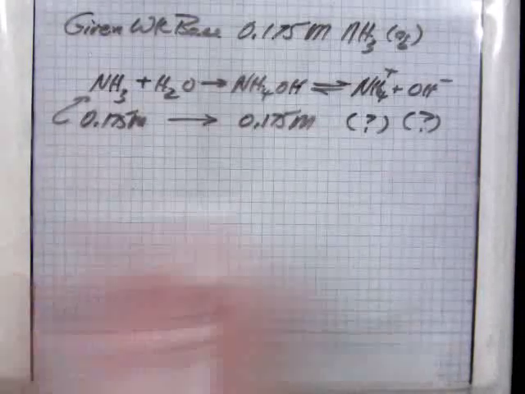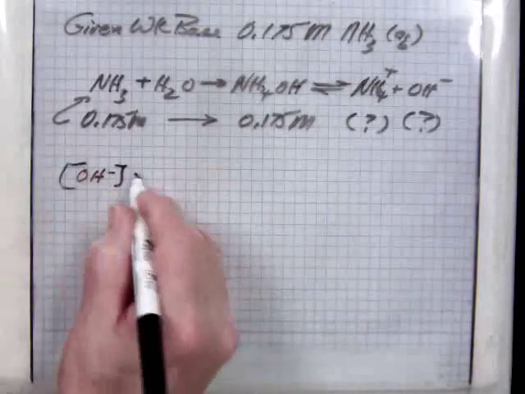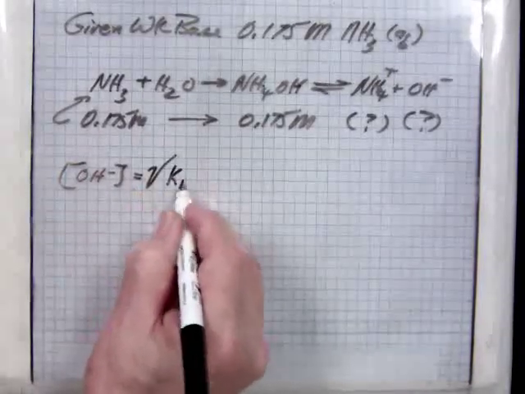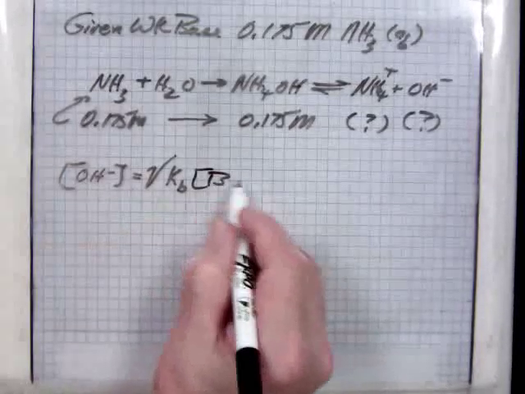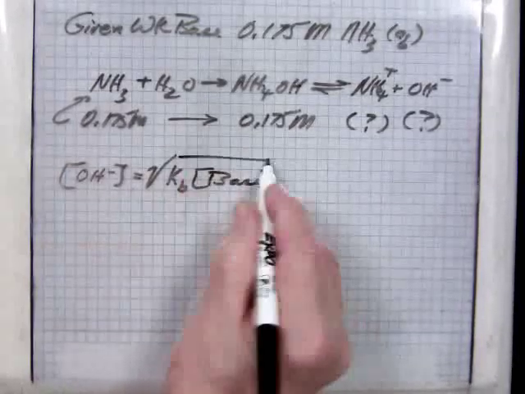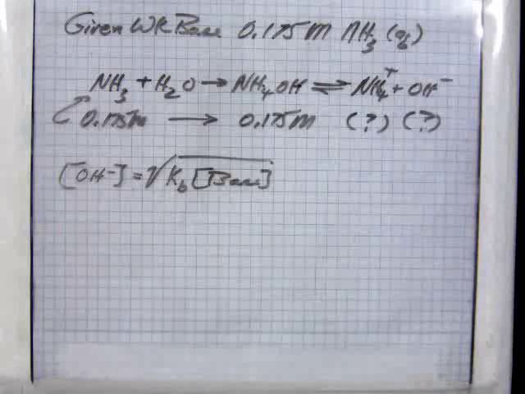But to get the OH, it's the same kind of formula. But this time you'll use a Kb value times whatever that weak base concentration is, solve for the OH, and then you go to the Kw expression or go to 14 minus the pOH that you get.